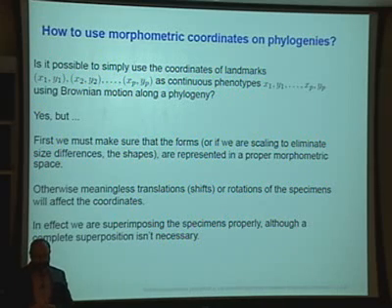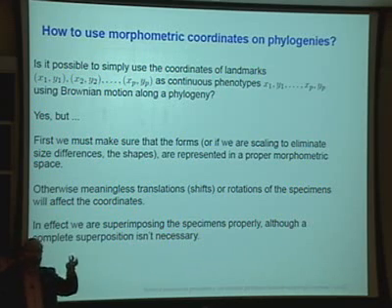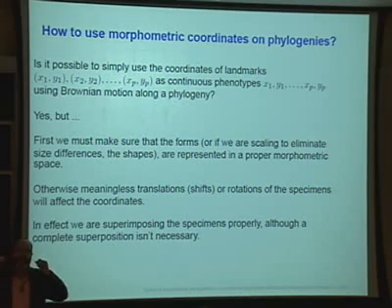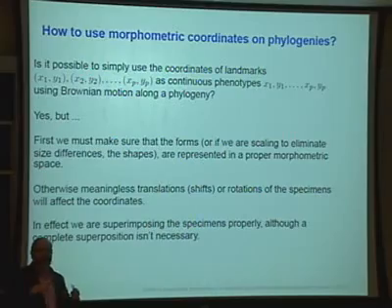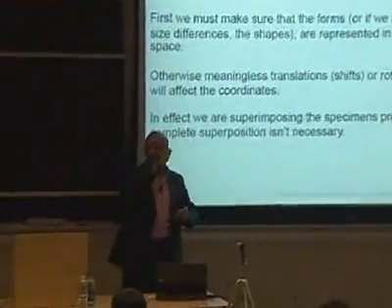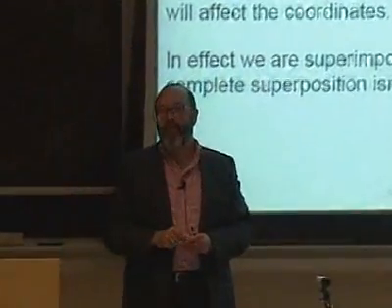And the reason you can't is that you have the problem that the way those coordinates were collected is someone takes a form, let's say it's nearly two-dimensional, let's say it's a flatfish, and they have a flat surface, and they're going to lay it down on the surface, and then they're going to collect and digitize the locations of those landmarks.